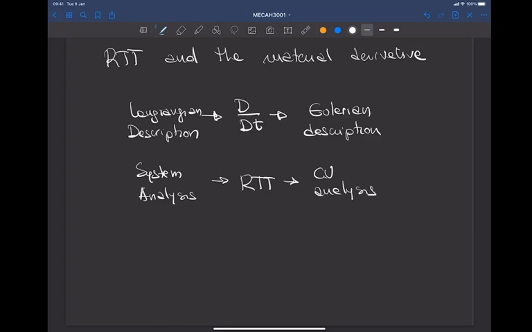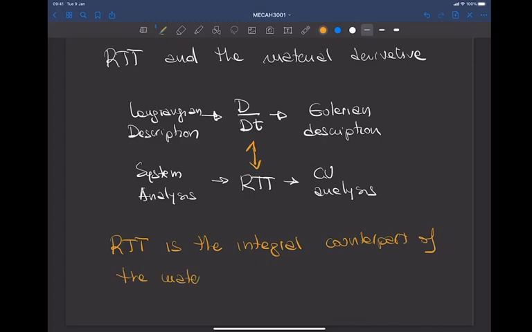But by looking at this definition, we can certainly argue that, in a way, the Reynolds transport theorem is the integral counterpart of the material derivative, or in other words, that the material derivative is the differential counterpart of the RTT.